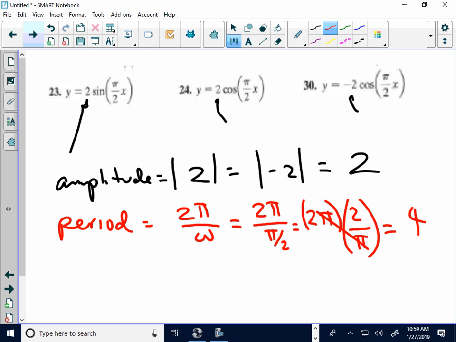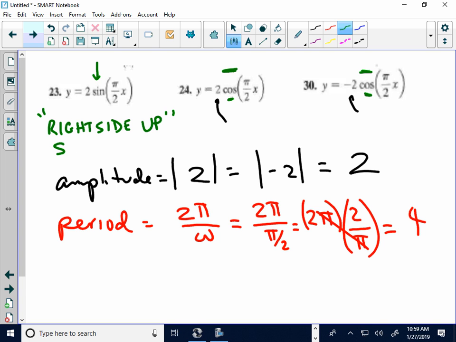Obviously 2 of these are cosine waves, and this is the sine wave. So let's attack the sine wave first. Notice, by the way, that if the number out in front is positive, then we're going to call this a right side up sine wave.